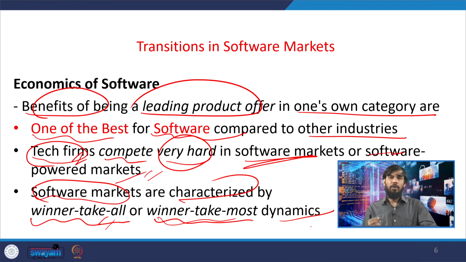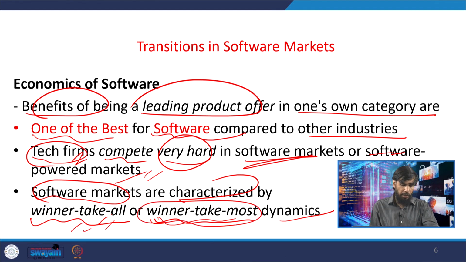For example, Microsoft has been able to capture more than 90% of the PC operating system space, especially in countries like India and many others. In some other countries in recent years, Mac has also gone up to a significant percentage, but globally we still see that in the PC operating system market Microsoft is winner take most, or we can even say winner take all kind of dynamics. The same we can think about in many other categories.